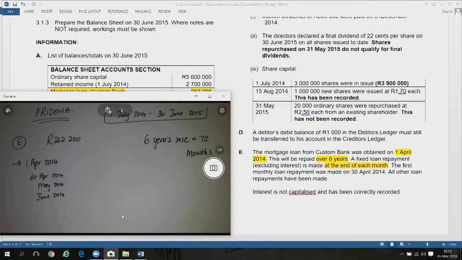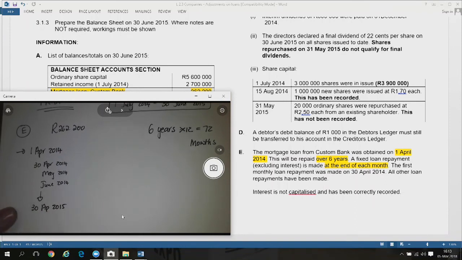They say all other loan repayments have been made. So it means that we go on until the 30th of April 2015 is another payment.